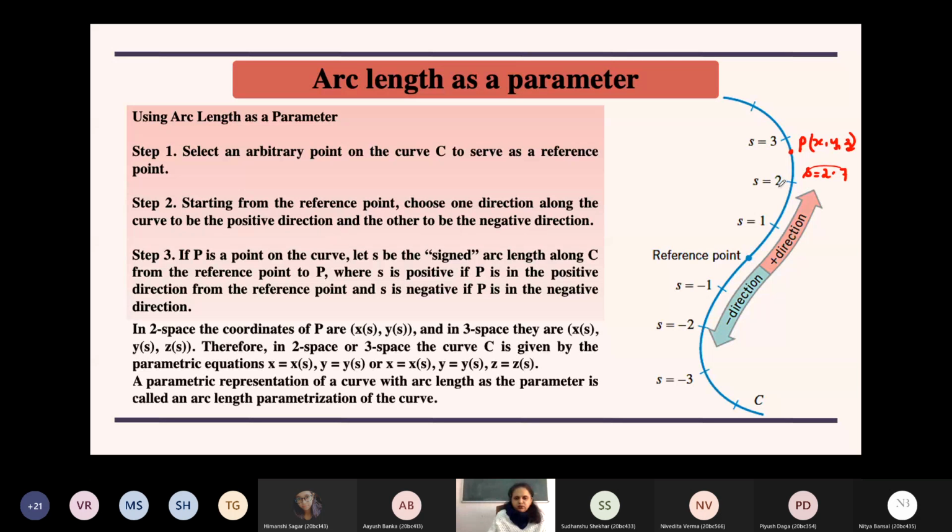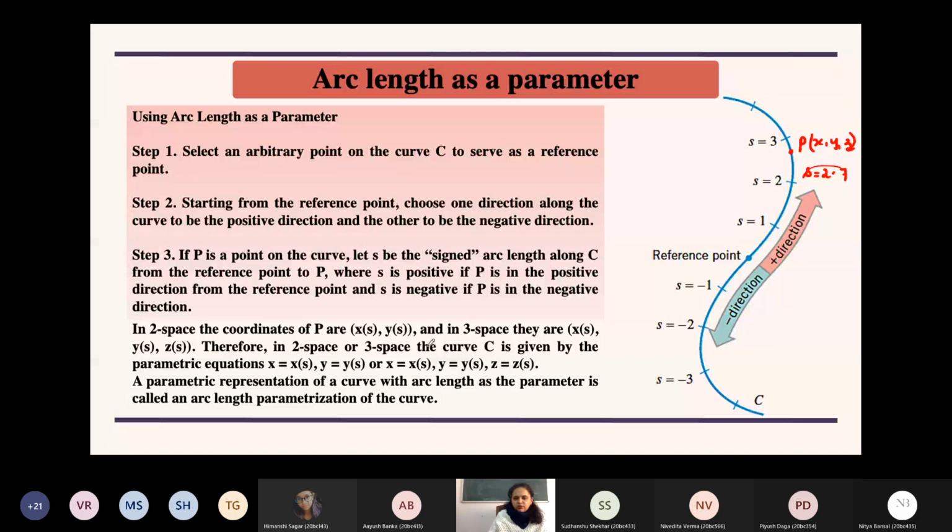Now, this is just what I had said, that in two space the coordinates of the point P will be given by x(s) and y(s). That means your x coordinate is going to be in terms of s, and similarly your y coordinate is going to be in terms of s. And in three space they are x(s), y(s) and z(s).